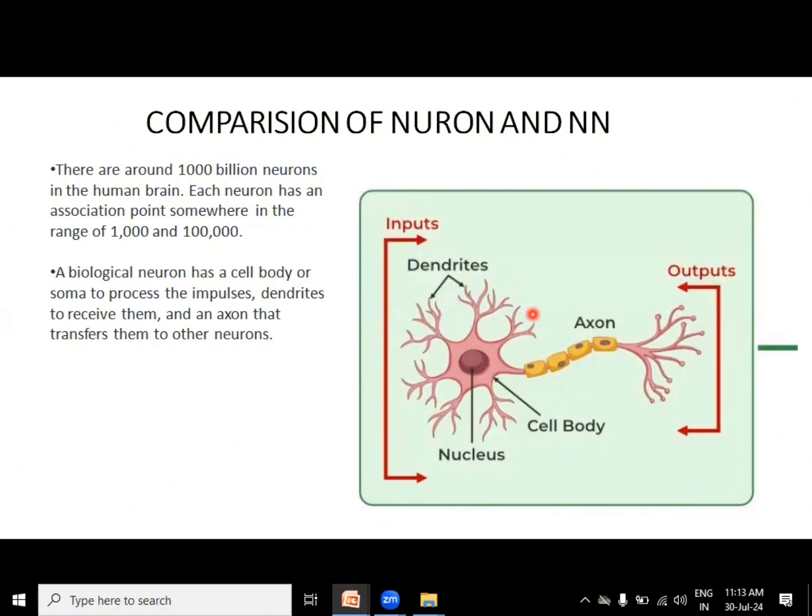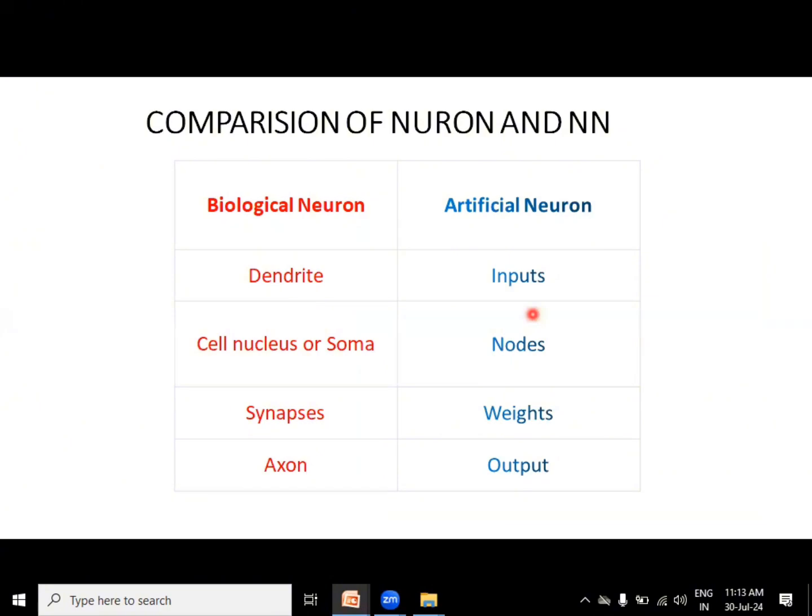So dendrite, nucleus, axon. Our scientists were inspired by these biological neurons, taking this action and implementing the neural network algorithm. How? Here is the comparison of biological neuron and artificial neural networks. Dendrite takes input in a biological neuron.